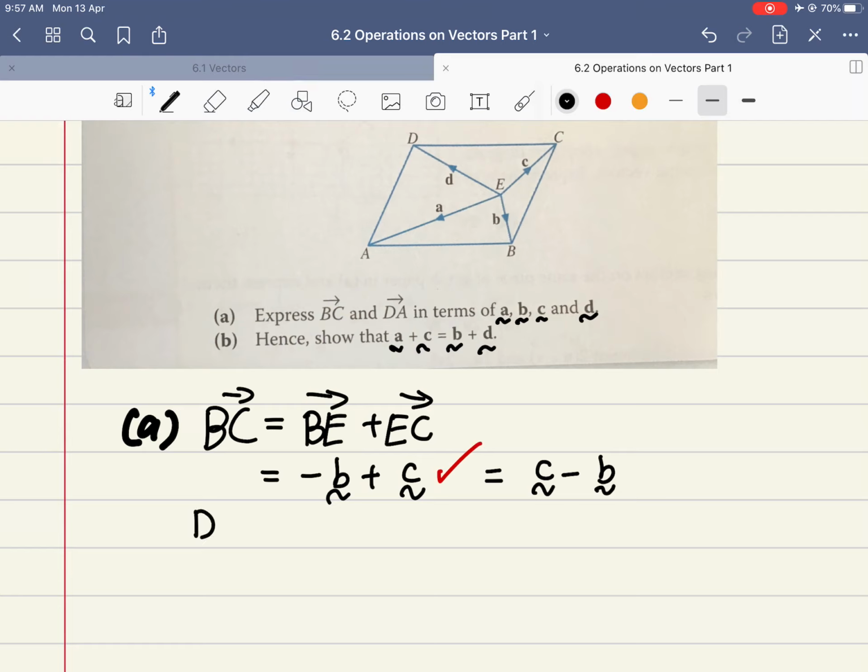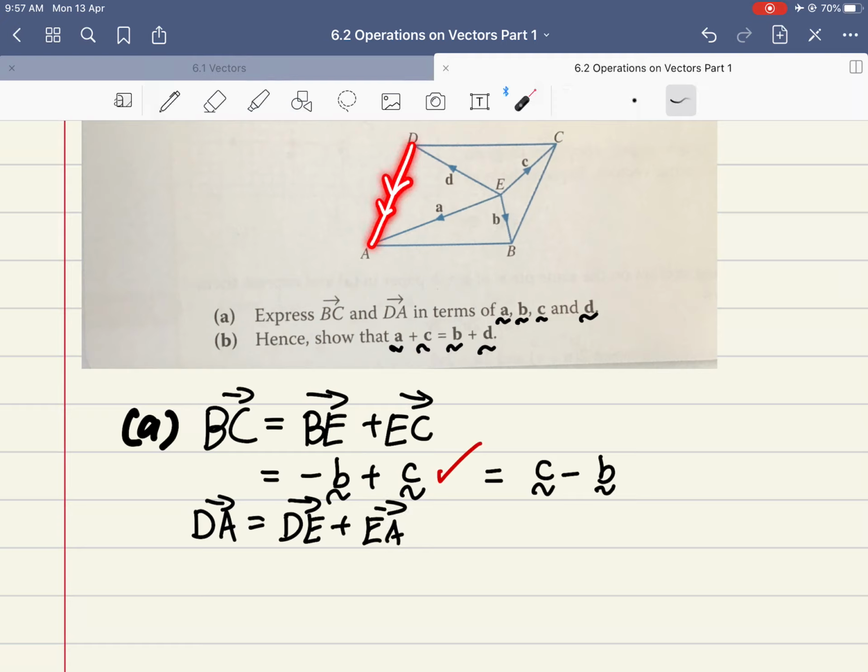Now I will attempt to find the vector DA. Take some moments now and try to write out the vectors that are equivalent to DA. What two vectors can I use to get DA? The two vectors are DE plus EA. Again, DA is this.